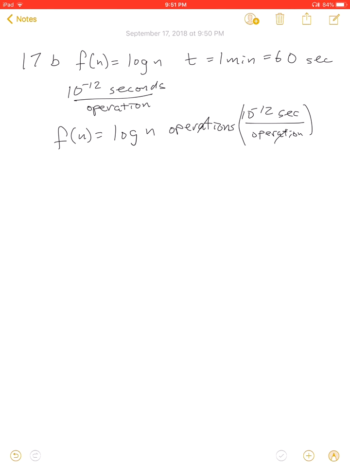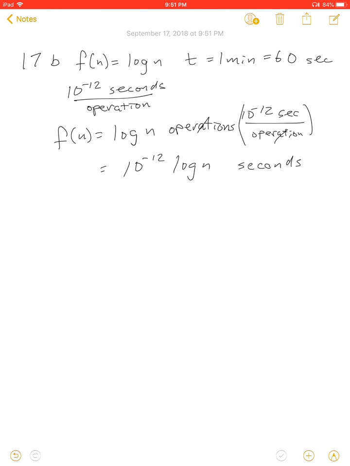So operation cancels out, giving us 10 to the minus 12 times log of n, and this will be seconds to accomplish that task.